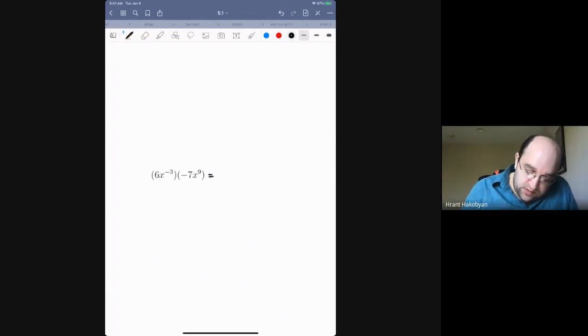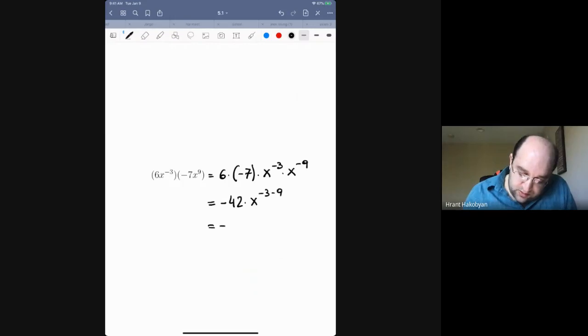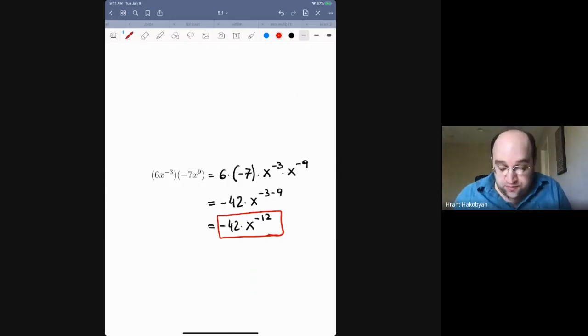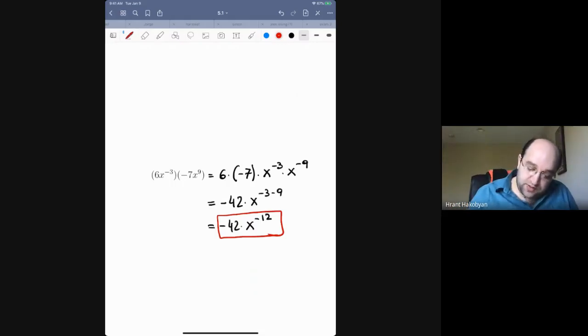This is 6 times -7 times x to power -3 times x to power -9, and so that gives me 6 times -7 is -42 times x to power -3 minus 9, so that's -42 times x to power -12. Okay, so these are basic products of things like these, mostly power functions, not exponential functions.